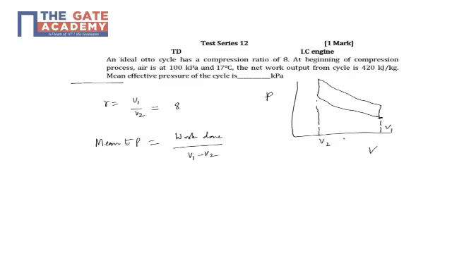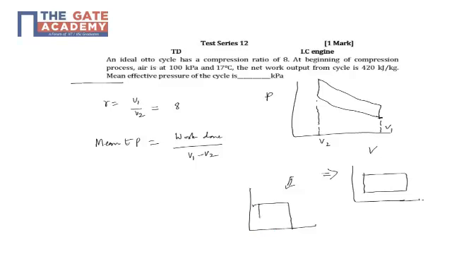Now why is that? What it means is that if I replace this actual curve with a rectangle in the same volume range, V1 and V2, then the height is the MEP.